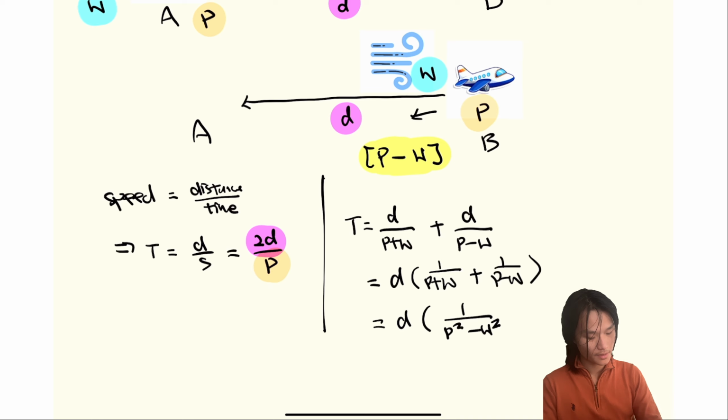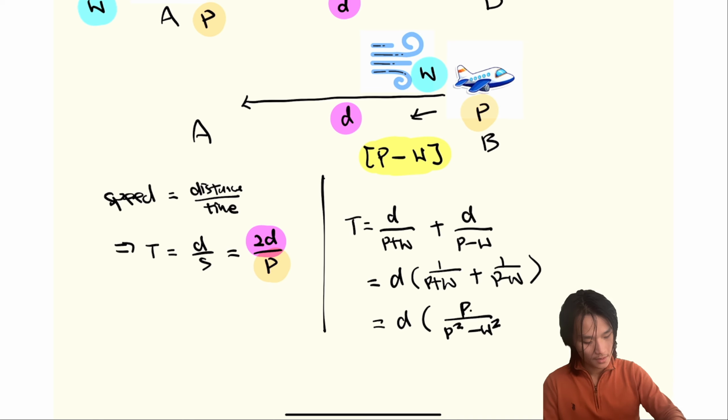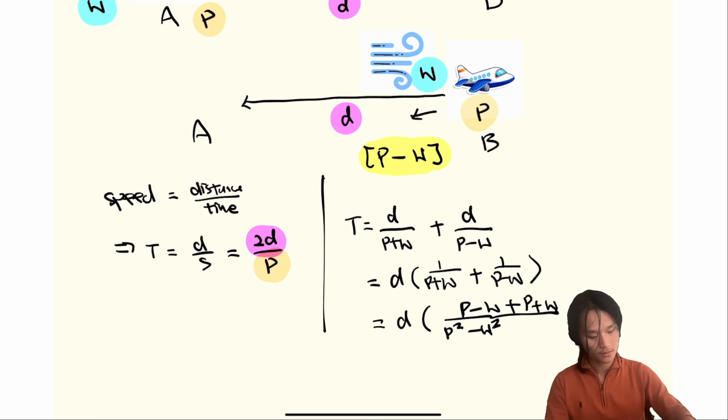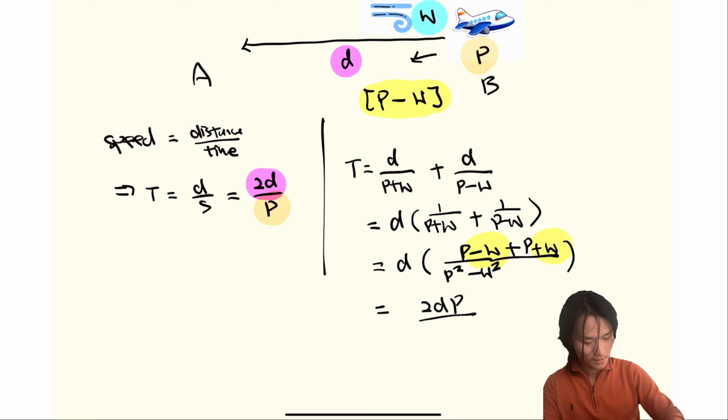And on the top, for our numerator, we have P minus W plus P plus W. So the W's cancel out, and we're left with 2DP divided by P squared minus W squared.